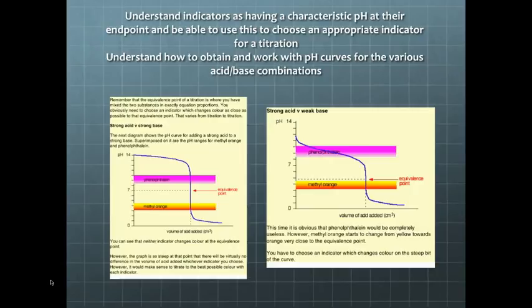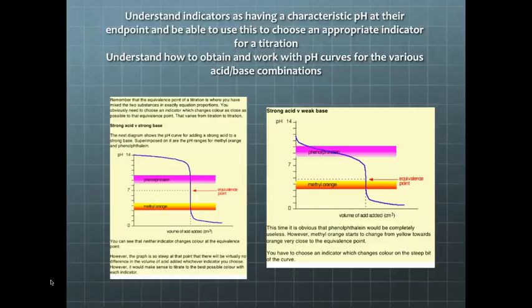Now, if you remember in titrations, we want to end up with a pH of 7. So, if we have a strong acid versus a strong base, we can look at the pH curve. Notice how steep the pH curve is for a strong acid versus a strong base.